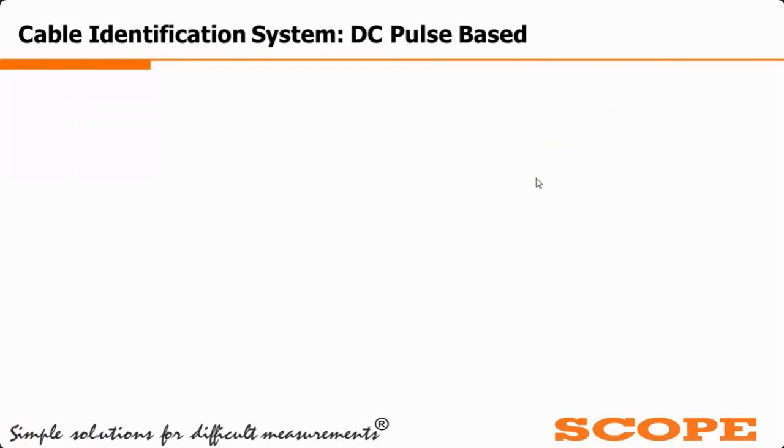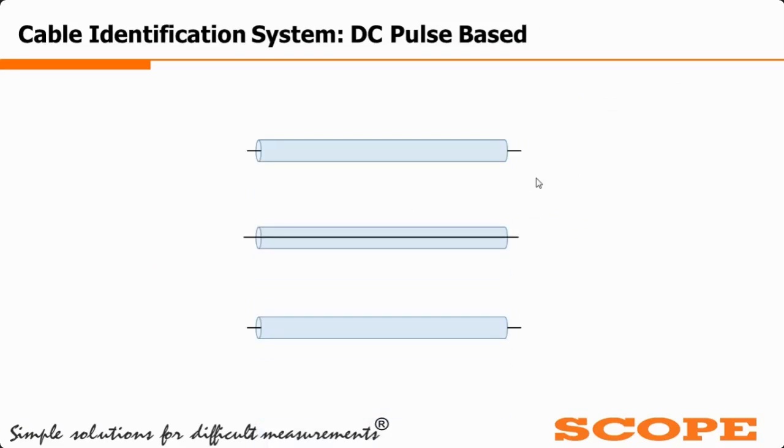Now after a successful pinpointing of the exact fault location of the cable, we have to go for the cable identification system. I have already explained that cable identification is very necessary if multiple cables are present at the fault point after excavation of earth or after opening cable trenches, so that the user can easily cut the dead faulty cable that we are searching for.